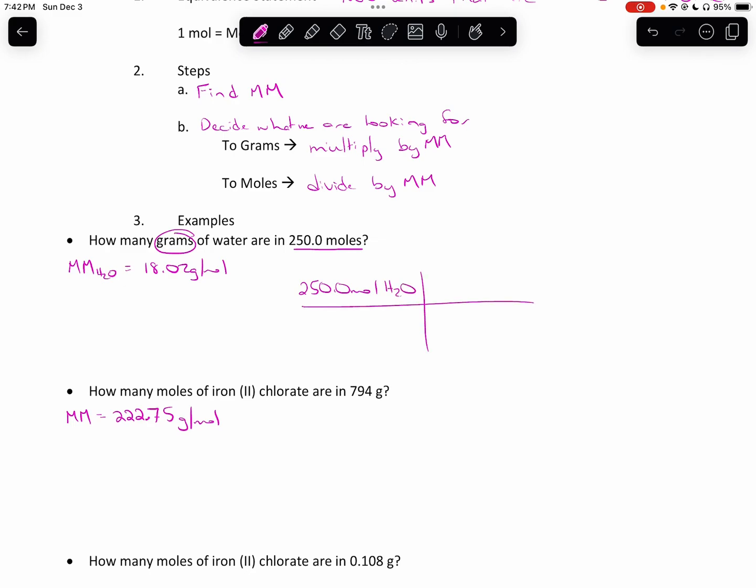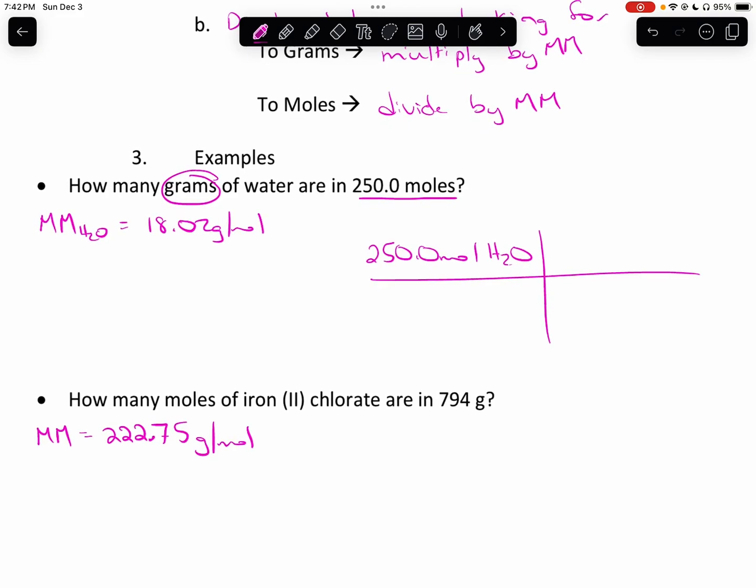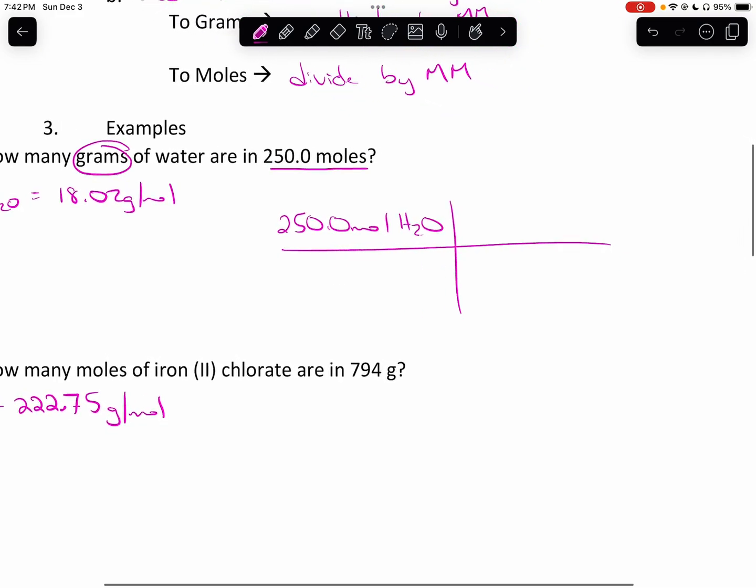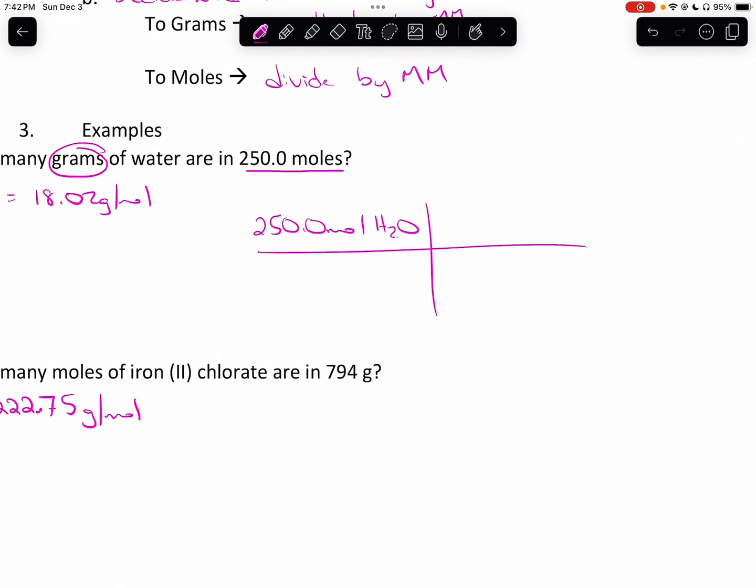Make our T-chart. Can make this a little bit bigger. Hopefully we're not making you guys a little dizzy or anything. So we're going to put 1 mole of H2O on bottom. And we're going to put 18.02 grams on top. Moles cancel out then. Remember the unit canceling portion.